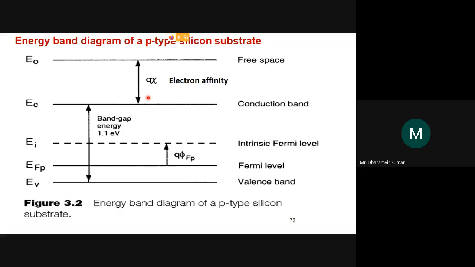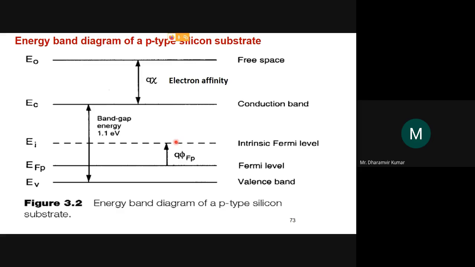And being specific, we can define electron affinity as the energy difference between the free space and the conduction band. And obviously there is an energy gap between the newly formed Fermi level and the intrinsic Fermi level.